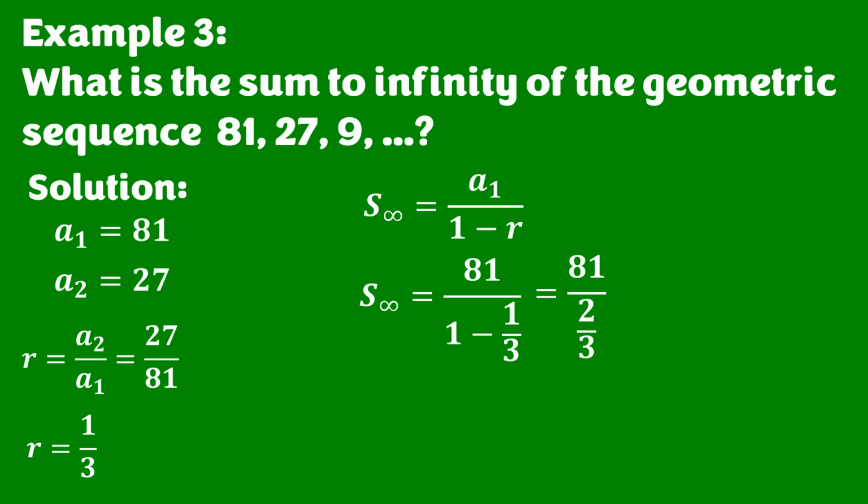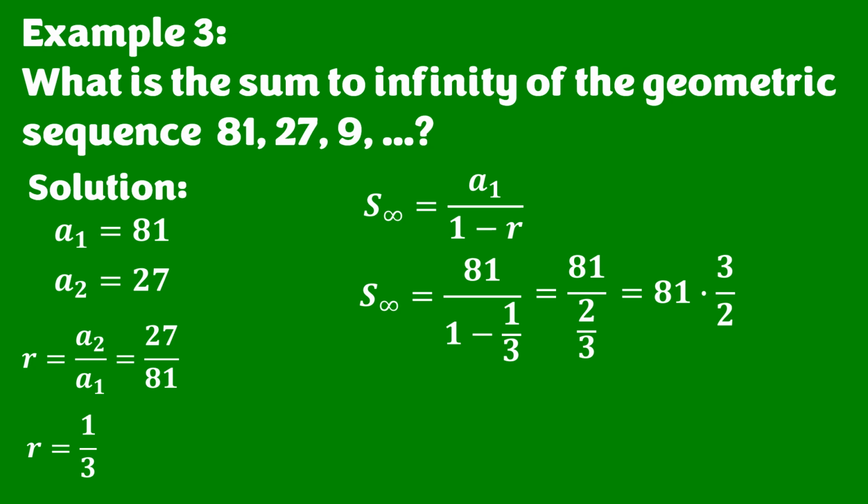So therefore, s sub infinity is equal to 81 over 2/3. And then we're going to get the reciprocal of 2/3, which is 3 over 2. So therefore, s sub infinity is equal to 81 times 3 over 2. And then we're going to get the product of 81 and 3 over 2.